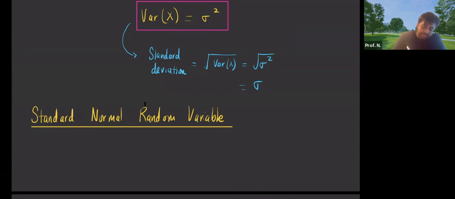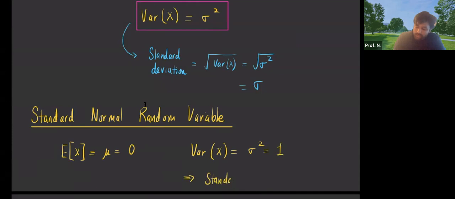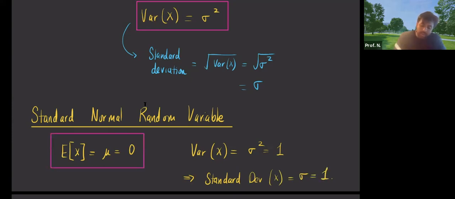This is when the mean, the expected value, is equal to 0, and when the variance, which is sigma squared, is 1, which indicates that the standard deviation of x, sigma, is 1. Very important, guys. Very, very important.